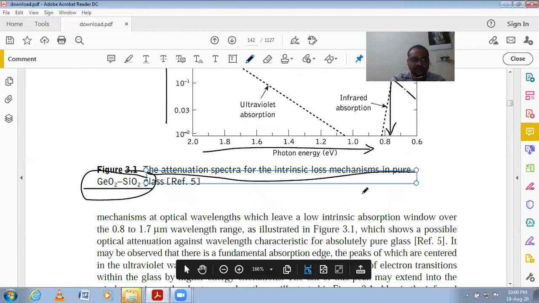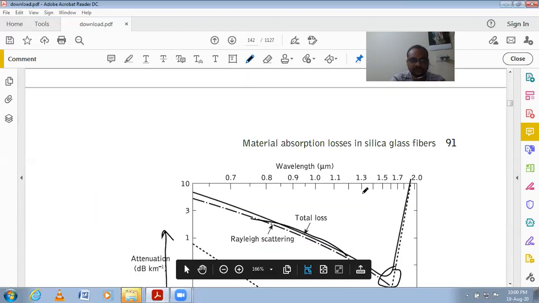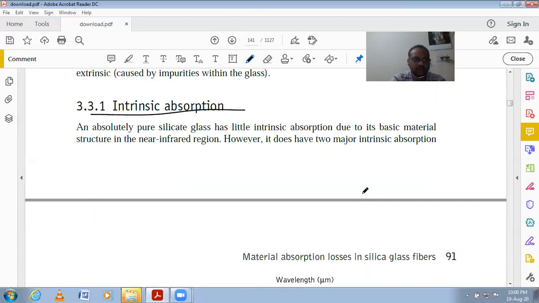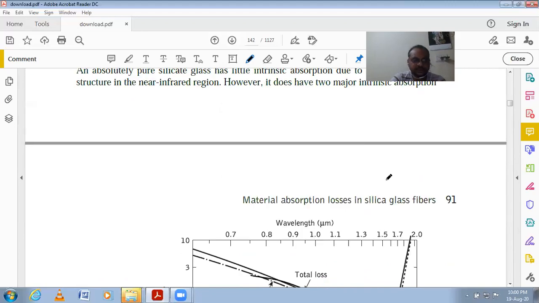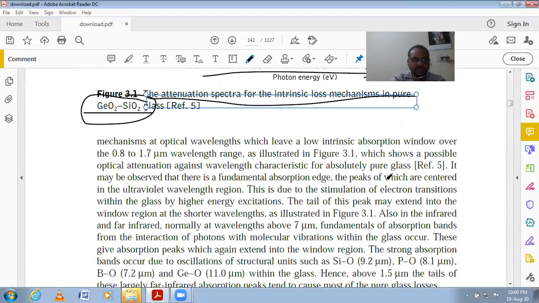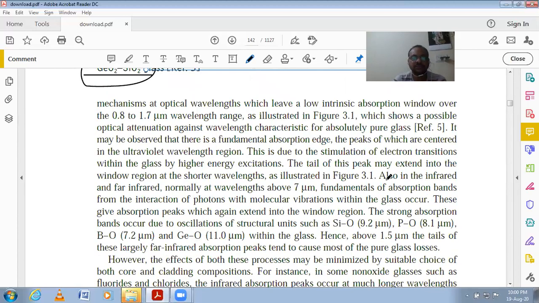So you can see the intrinsic absorption mechanism leaves a low intrinsic absorption window over the 0.8 to 1.7 micrometer wavelength range, as illustrated in figure 3.1, which shows a possible optical attenuation against wavelength characteristic for absolutely pure glass.